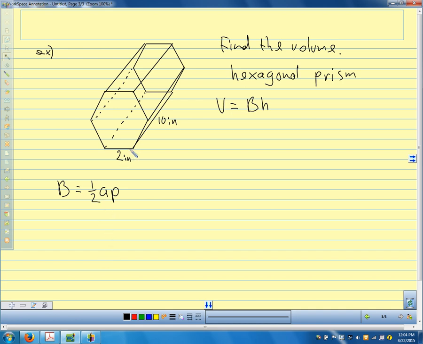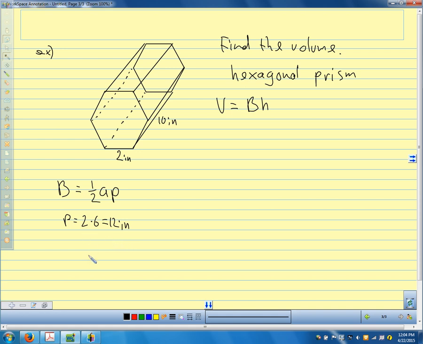So perimeter of the base. What's the perimeter of the hexagon? 12, right? Each side is 2 inches. We have 6 sides. 2 times 6, so 12 inches.